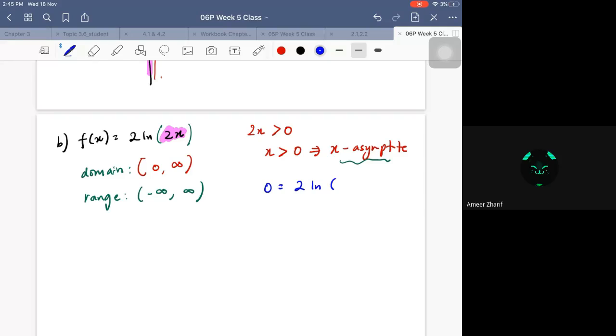When I move this to the side, I get log of 2x equals 0. Again, how do we get rid of the log? We are going to exponentiate both sides of the equation, and this is going to cancel. So I'm going to have 2x equals 1, so x is going to equal 1 over 2. That will be the intercept value.